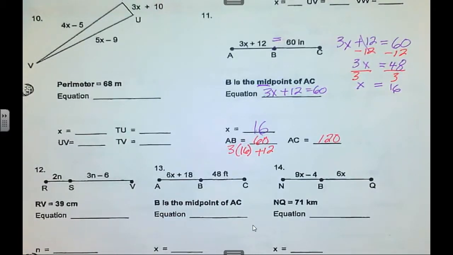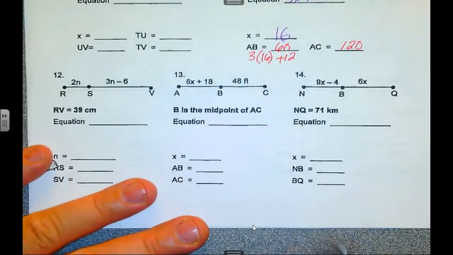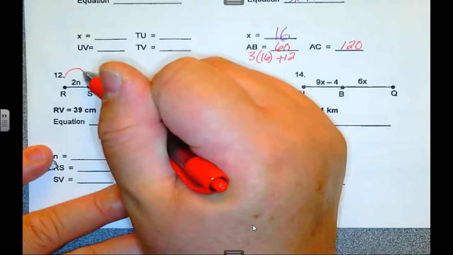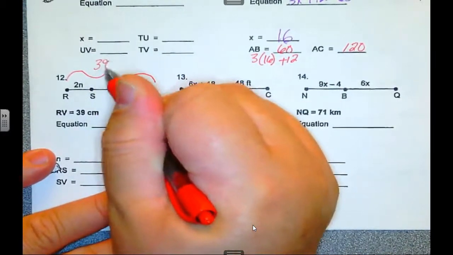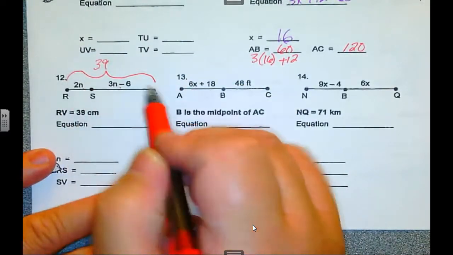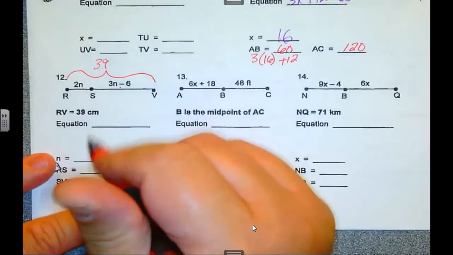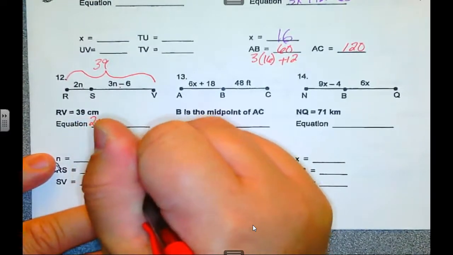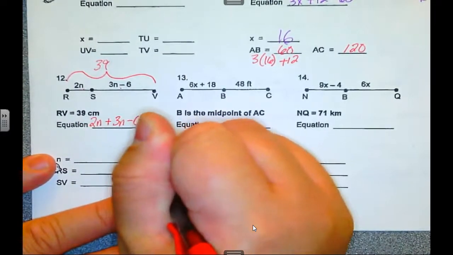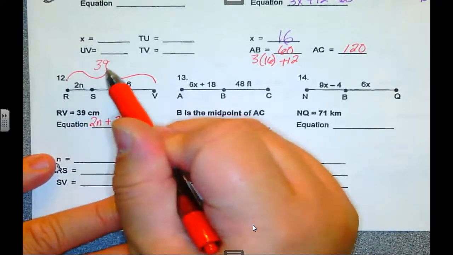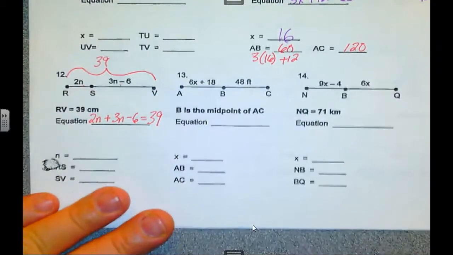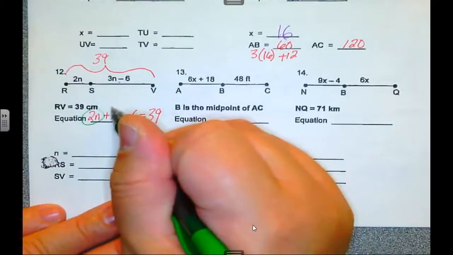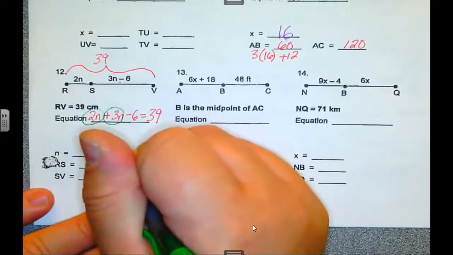What if it's not the midpoint? Number 12. Yeah, the two little ones are going to equal the big one. This is the segment addition postulate. So 2n plus 3n minus 6, they tell us the long segment is 39. Combine like terms, 2n and 3n make 5n.